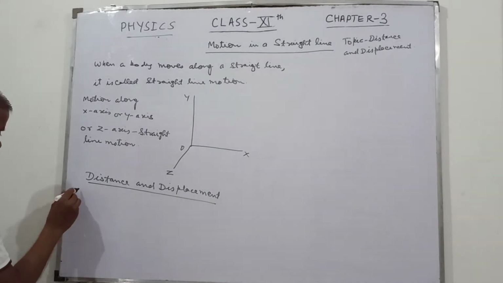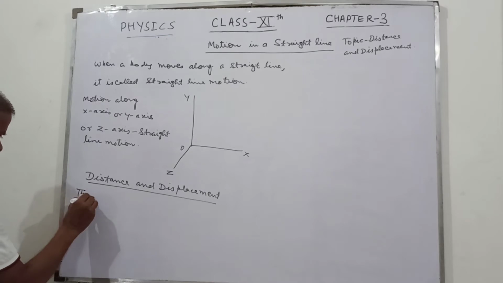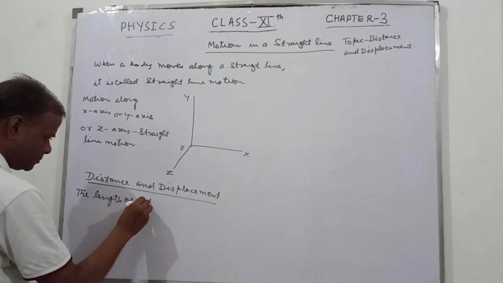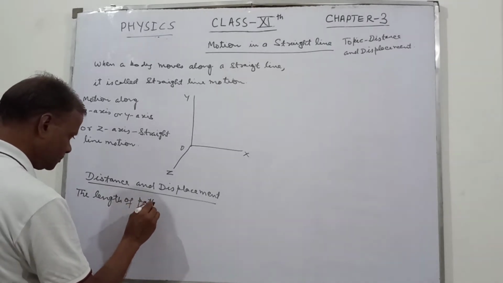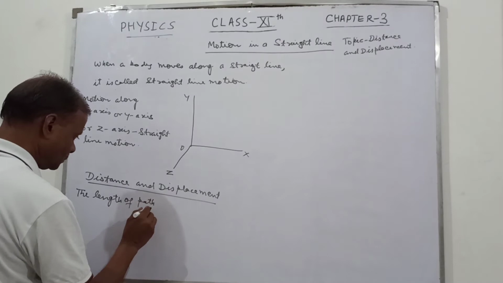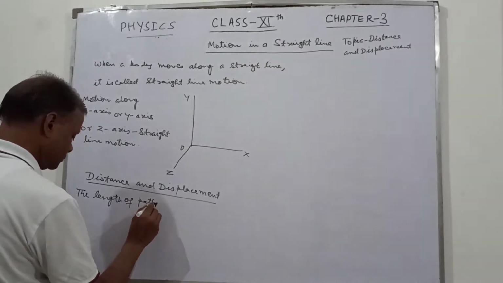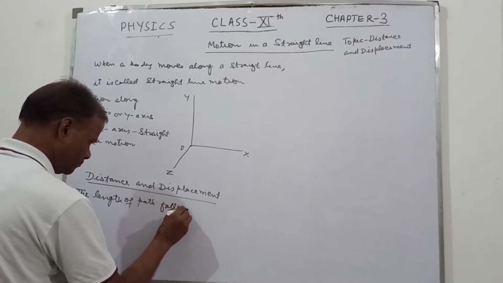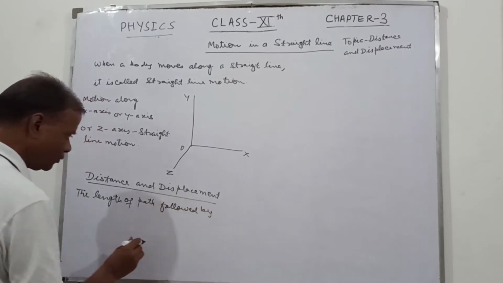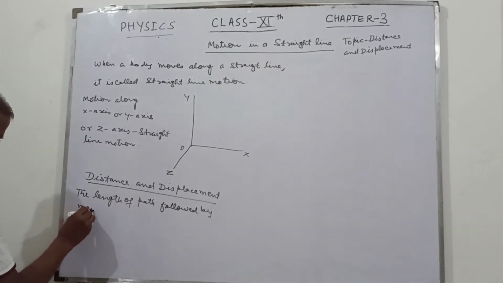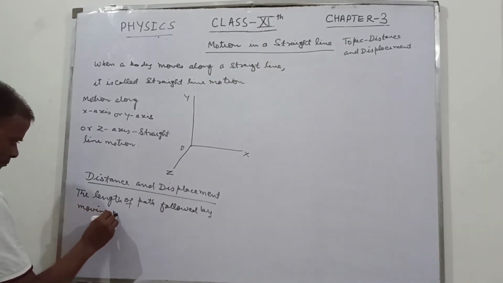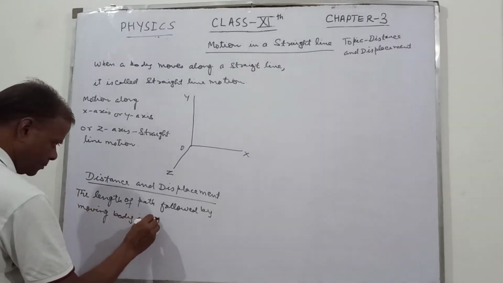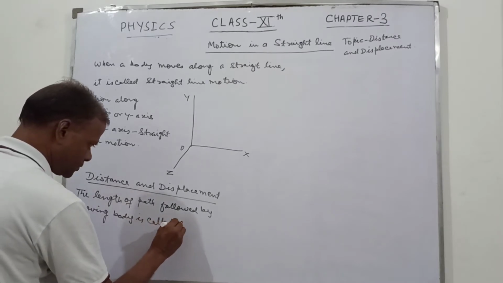Distance is what? The length of path followed by moving body is called distance.